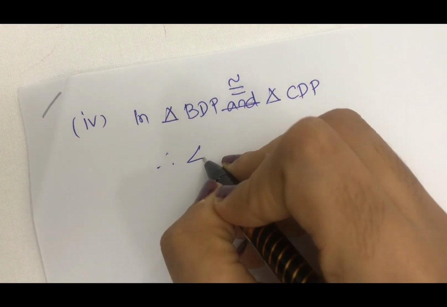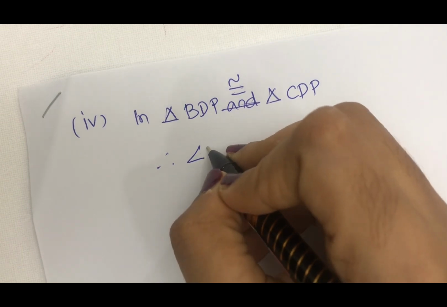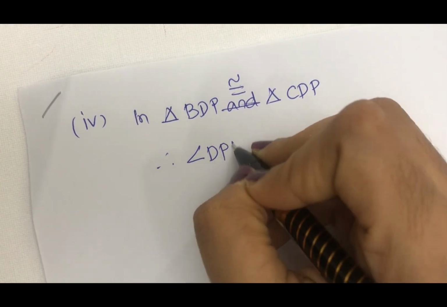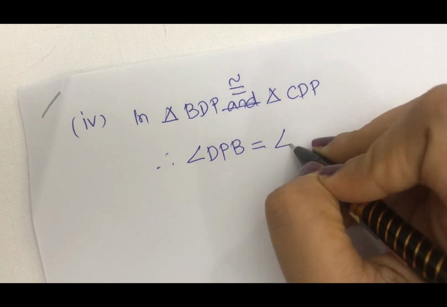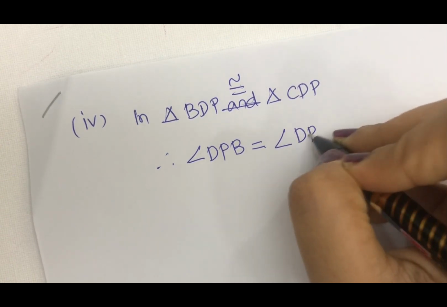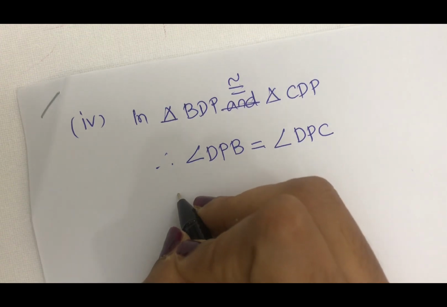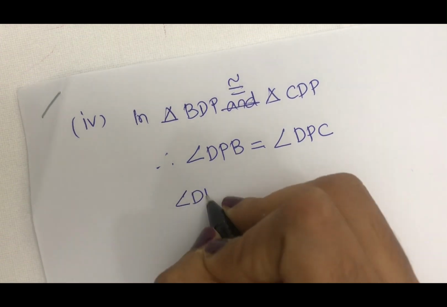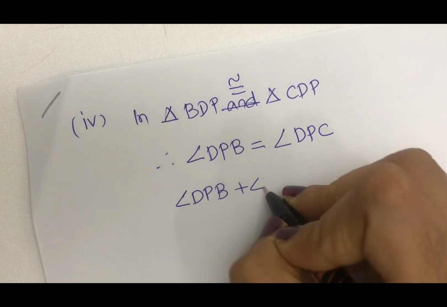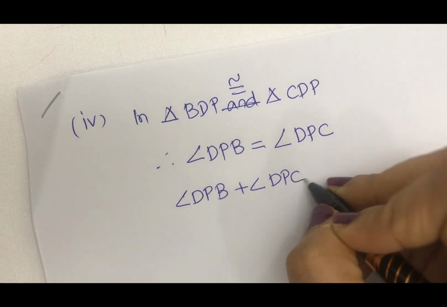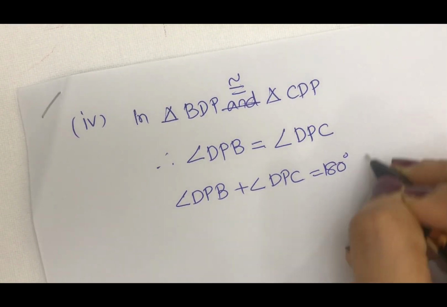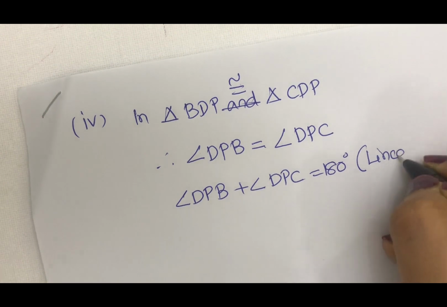Therefore, angle DPB is equal to angle DPC. Okay. So, angle DPB plus angle DPC is equal to 180 degrees because they form a linear pair.